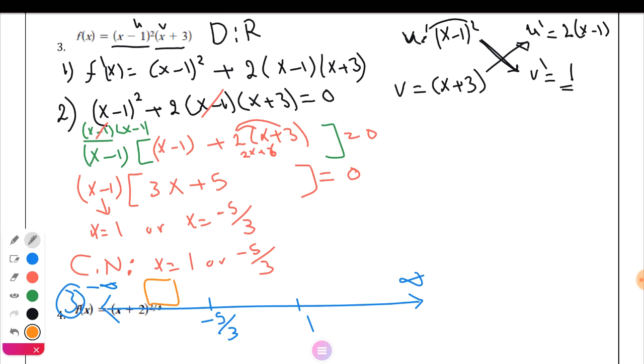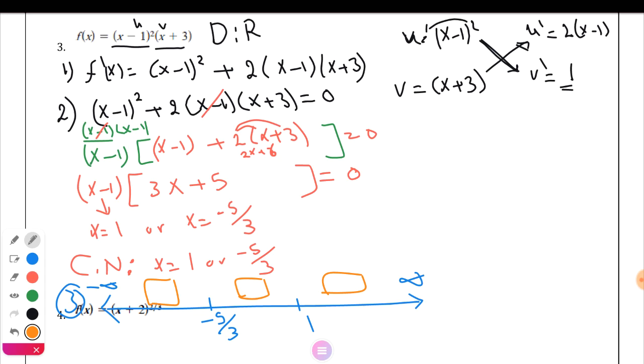Here I have an interval, that is interval 1. Interval from -5/3 to 1 is another interval. Third interval. Interval means the part on the number line. -5/3, if you write it in the calculator, it will be -1 and 2/3.